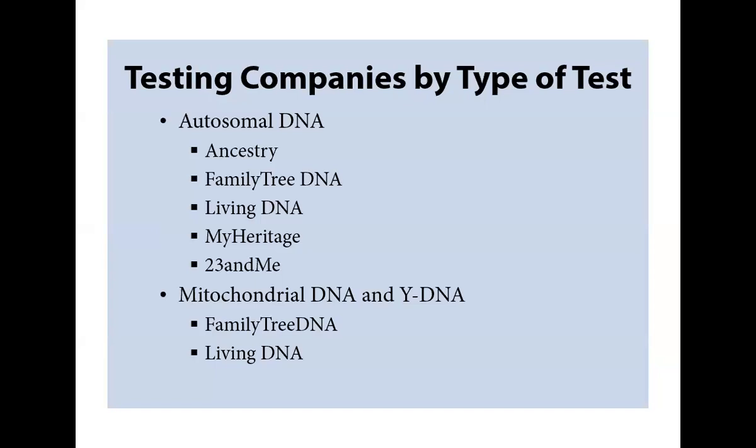If you want specialized results by testing your mitochondrial or your Y-DNA, there are currently only really two companies doing these, and that's Family Tree DNA and Living DNA. I will say Family Tree DNA, as I'll show you in a few, has a much larger database and a lot more tools available, but those are the two companies that exist.